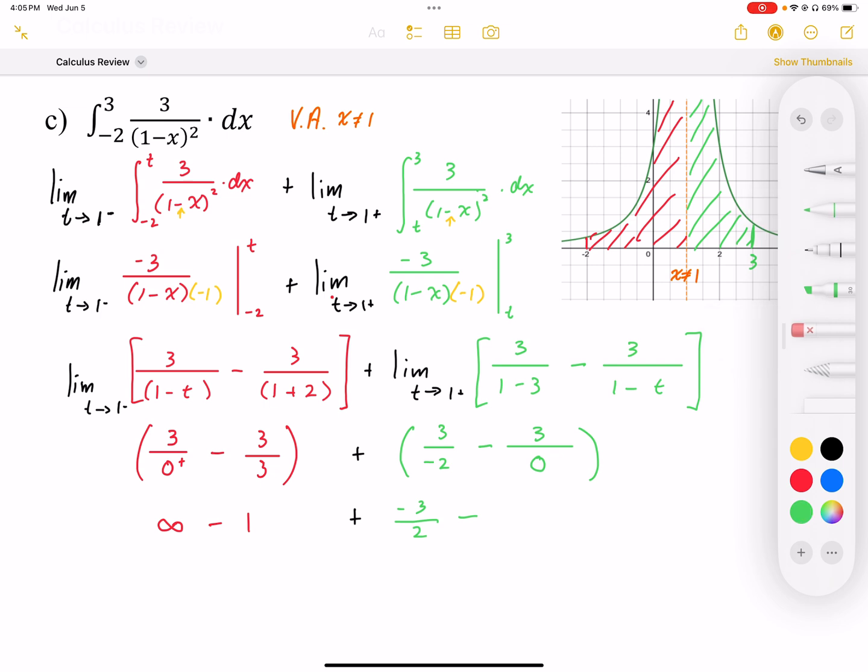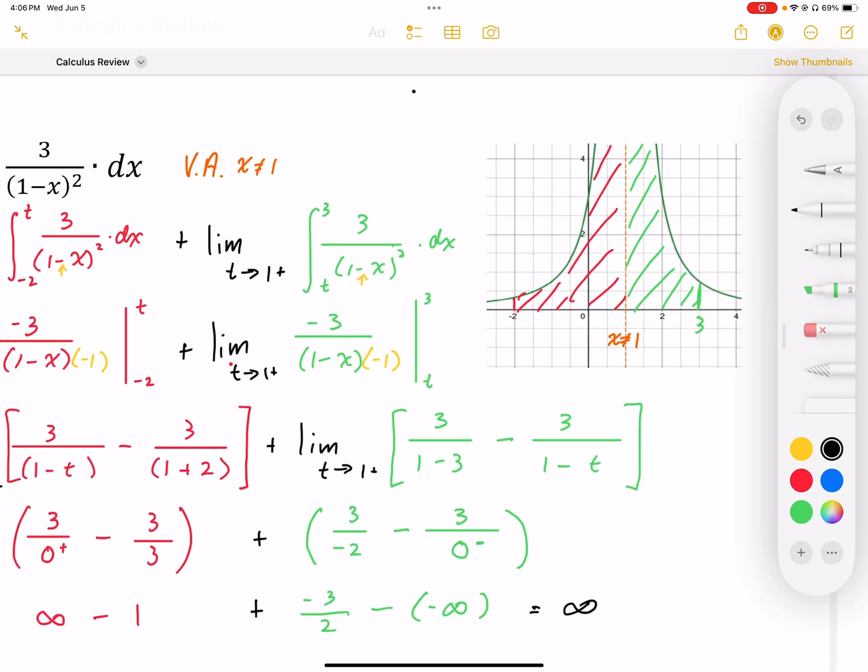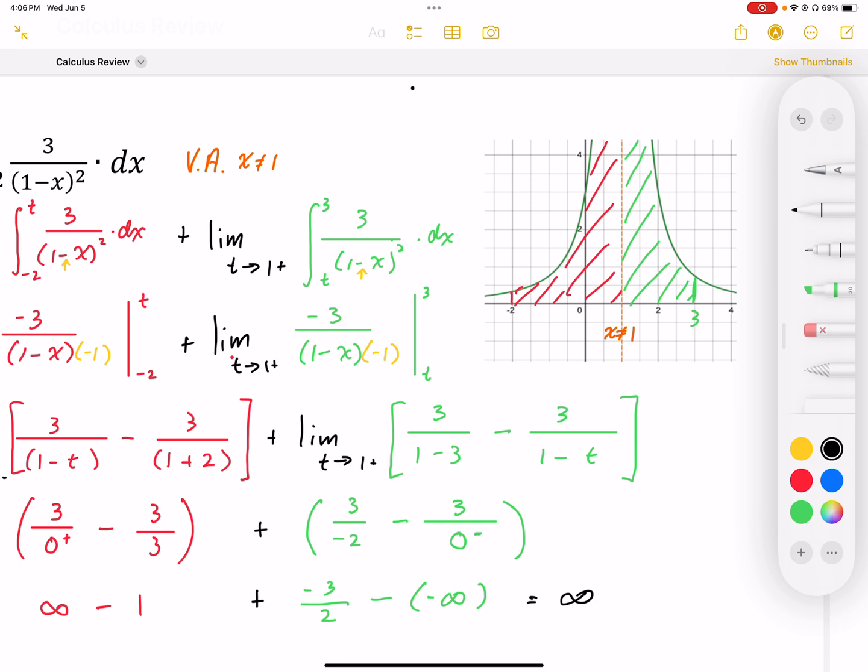Sorry, this is negative 0, right? Because I'm plugging in numbers bigger than 1, so 1 minus a number bigger than 1 is going to be negative. There we go. So that's going to be minus negative infinity, and then that becomes infinity minus 1 minus 1.5 plus infinity. This works out to be infinity. Okay, so the area that is unbounded there is an infinite area.